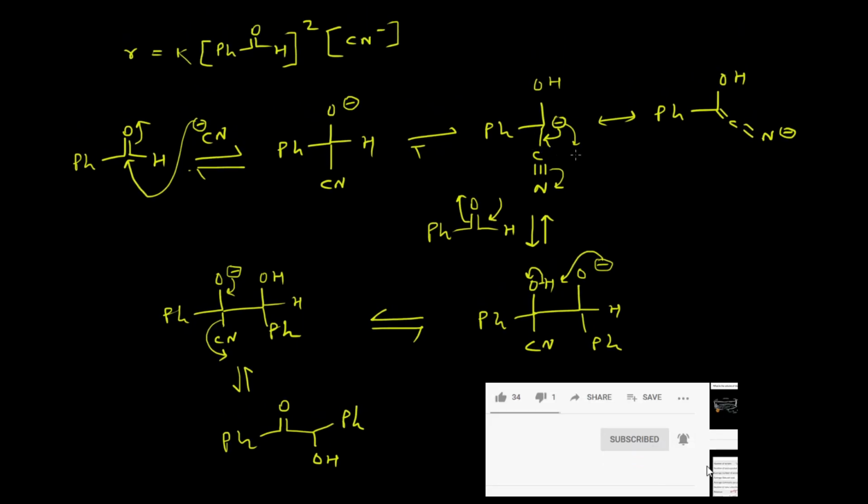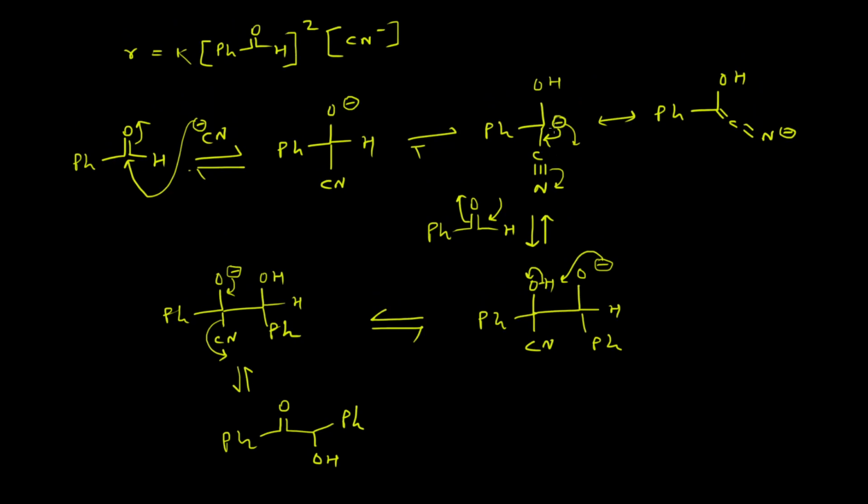Now if you look carefully, after the formation of this carbanion, it is attacking this benzaldehyde molecule, and that's why it is called a donor. And since this aldehyde is accepting this negatively charged carbon center, it is called an acceptor.